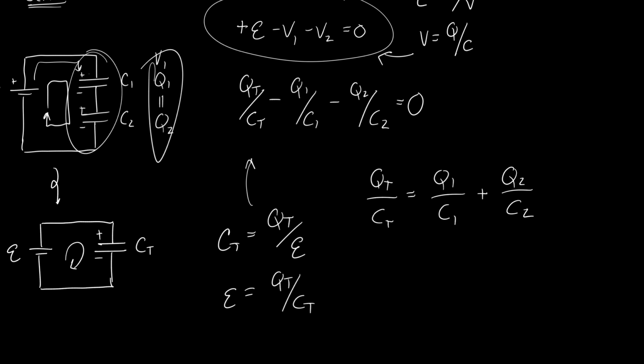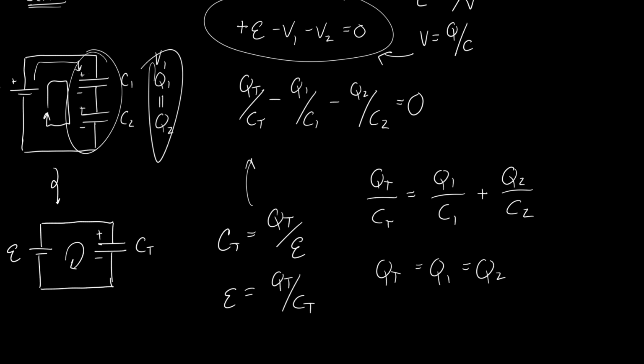And that must equal the total charge the battery pushed out. So that must mean that QT equals Q1, which equals Q2. Right? They have to all be the same amount of charge.